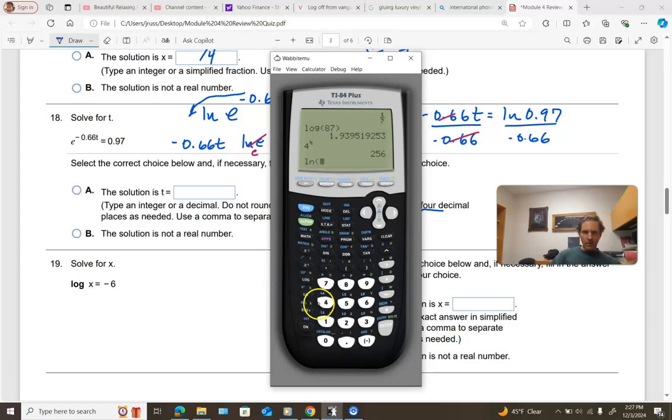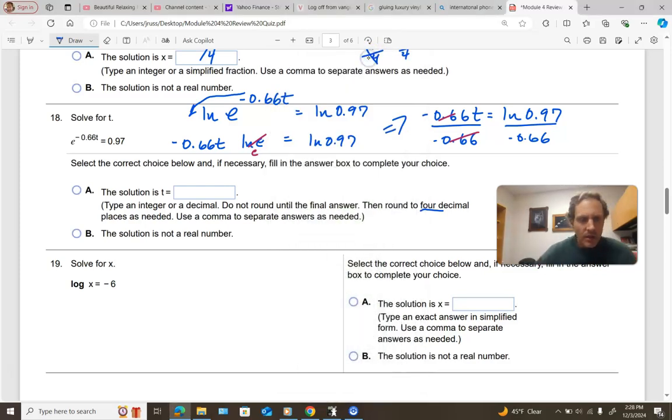It'll be the natural log of 0.97, and divide that by negative 0.66. And so to 4 decimal places, this would be 0.0462.